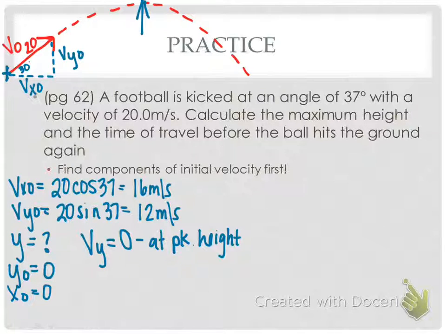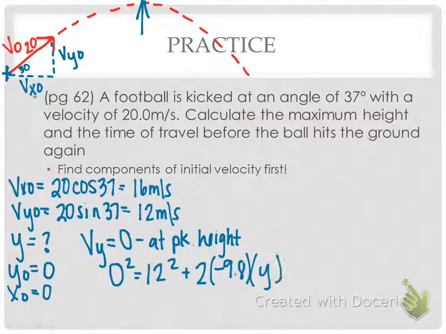So that means we could use our equation that says Vy squared equals V sub yo squared minus 2gy, or plus 2gy. Okay, so if we know that our final vertical velocity at peak height is 0, our equation would look like this. 0 squared equals V sub yo, which is 12 squared, plus 2, negative 9.8, y.